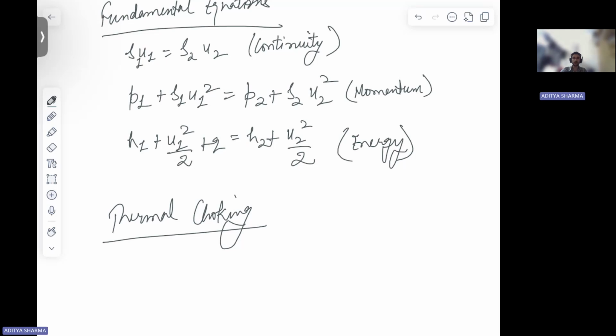The sonic state that we are achieving in the flow in a constant area duct is achieved with the help of heat. That is the only difference.